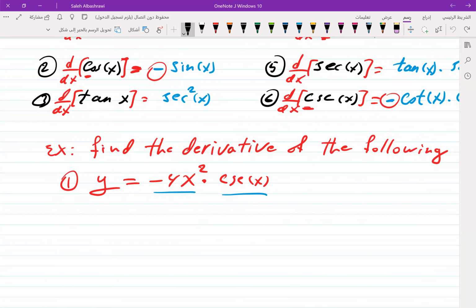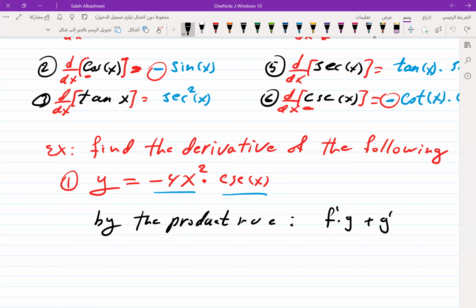By the product rule, the derivative is f prime multiplied by g plus g prime multiplied by f.